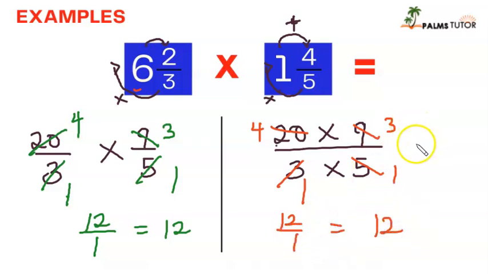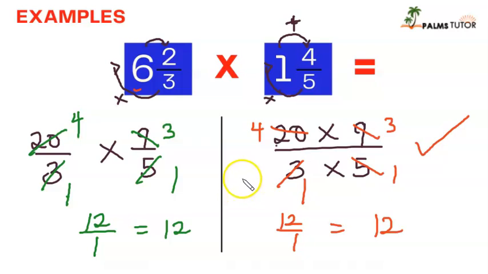But the reason why I always advise that you write it like this is that sometimes, moving from one place crossing, you may actually make mistakes, right? So when you write it out like this, it makes it easier and neater to cross out and be careful enough not to miss out on any number.